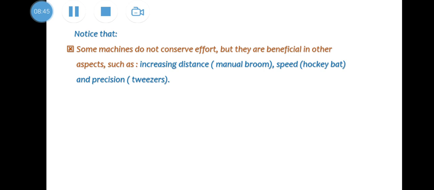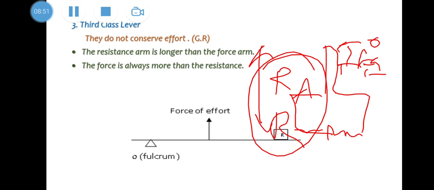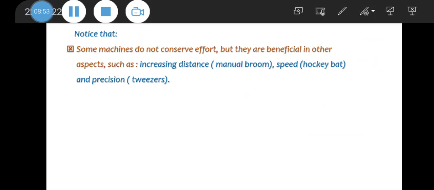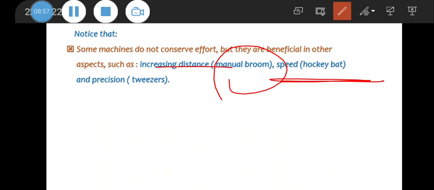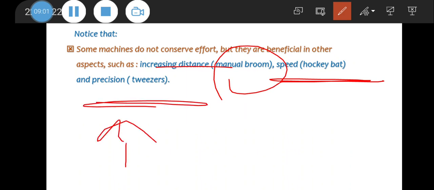Some machines do not conserve effort, but they are used for other benefits, like increasing distance, as in the manual probe, increasing speed, as in the hockey stick, and also improving accuracy, as in the tweezers.